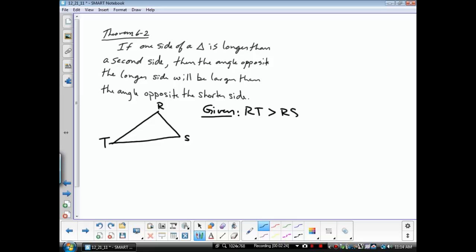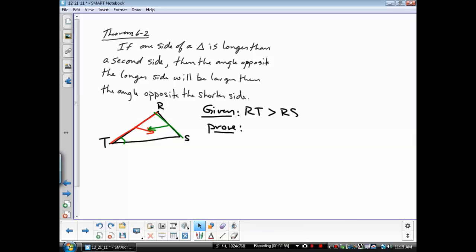What we are going to prove then is that the angle opposite this longer side, now this is our longer side, the angle that's opposite is this angle S. So we have to prove that that angle is larger than the angle that's opposite the shorter side. This is our shorter side, so the angle opposite it would be angle T.